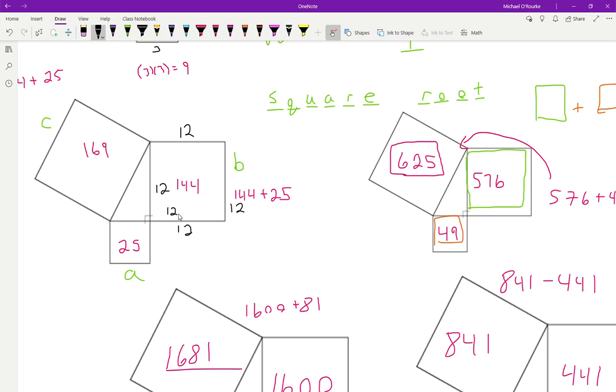That means 12 times 12 equals 144. Another way to say that is 12 squared. A is 5, good. And C is 13, good. And the way to get this number here is you press in 13 squared on your calculator, because length times width.